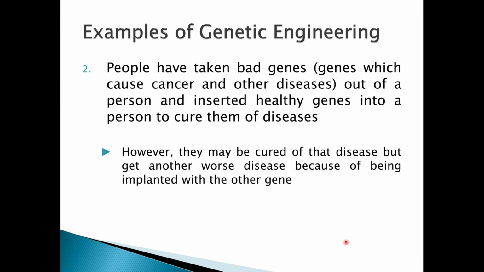Second example of genetic engineering. People have taken bad genes or genes which cause cancer and other diseases out of a person and inserted healthy genes into a person to cure them of disease. However, they may be cured of that disease, but they may get another worse disease because of being implanted with other genes.